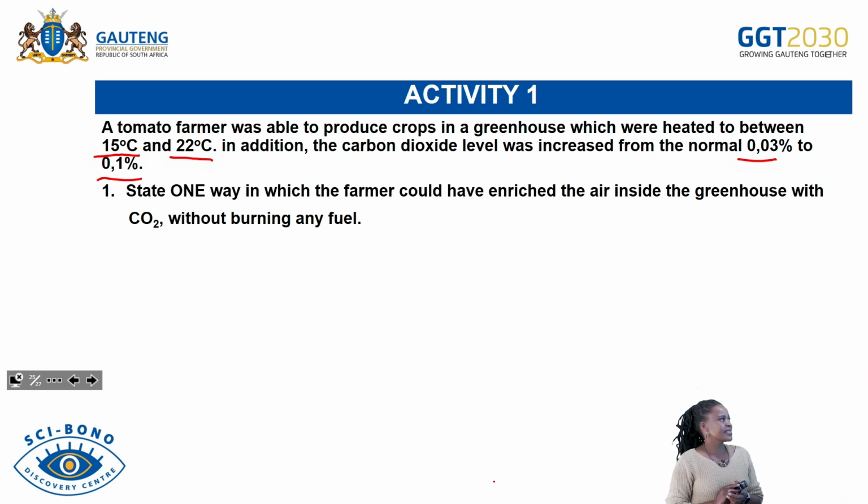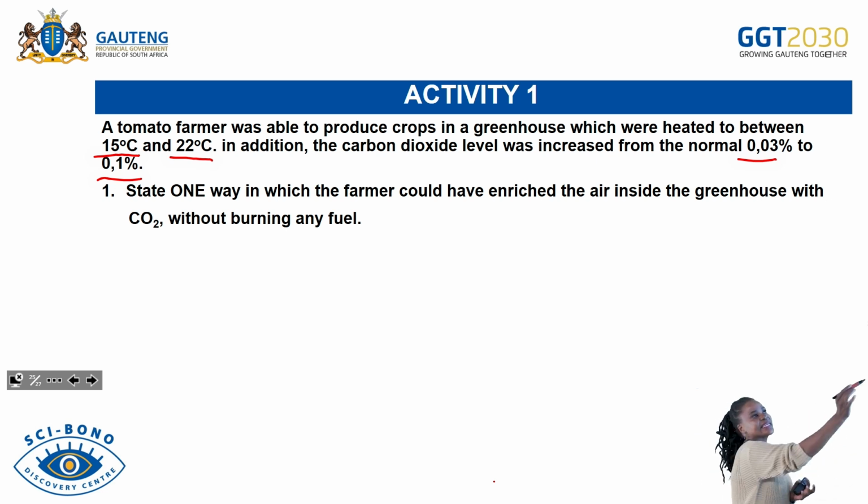Now, the first question says, state one way in which the farmer could have enriched the air inside the greenhouse with carbon dioxide without burning any fuel. So that is the question.